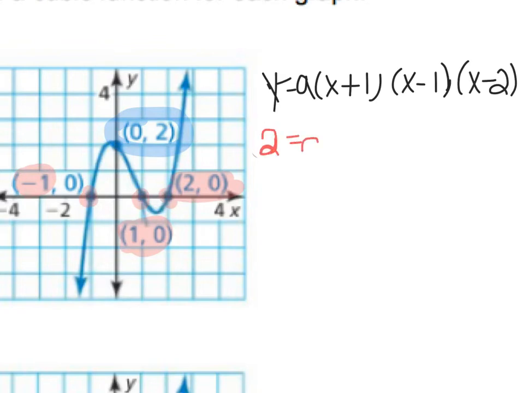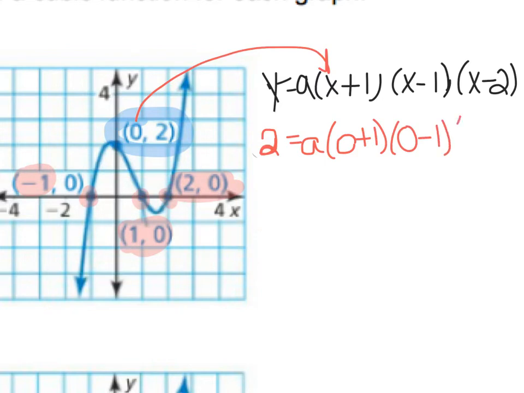I still don't know what a is, but anywhere that there's an x, I'm going to put 0 in its place. So I'd have 0 plus 1 times 0 minus 1 times 0 minus 2. So I have 2 equals a times 1 times negative 1 times negative 2.